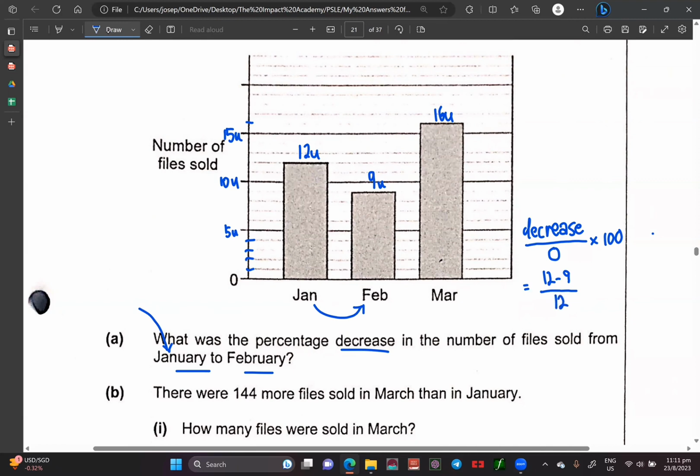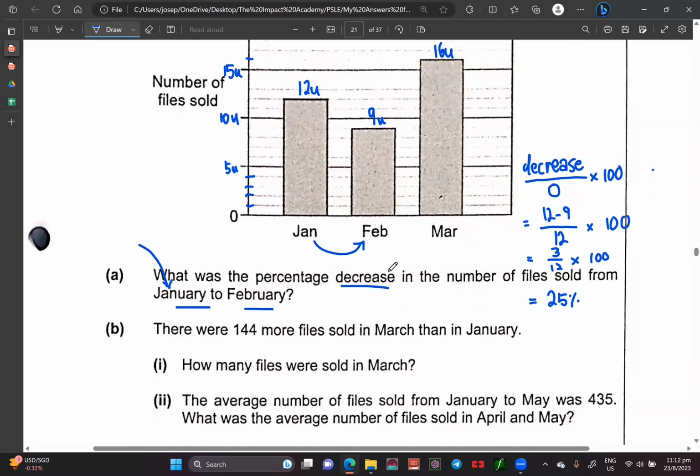So that's 12 as well, times 100. When you do 12 minus 9, you get 3 over 12 times 100. You can punch your calculator, and when I have 3 over 12 times 100, we get an answer of 25%. So there was a 25% decrease in the number of files sold from January to February.